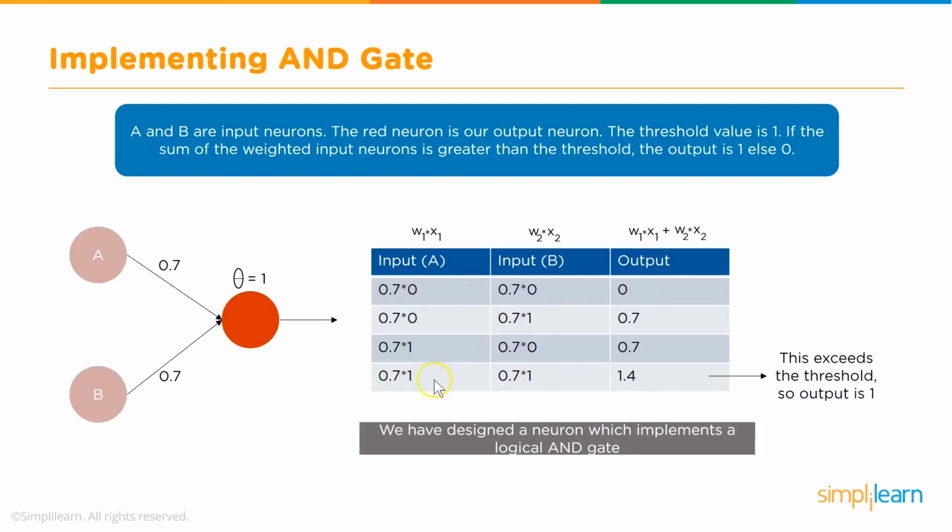And in the last case, when both the inputs are 1, you get a value which is greater than 1, which is the threshold. So only in this case the neuron gets activated and there is an output. In all the other cases, there is no output because the threshold value is 1. So this is the implementation of an AND gate using a single perceptron or a single neuron.